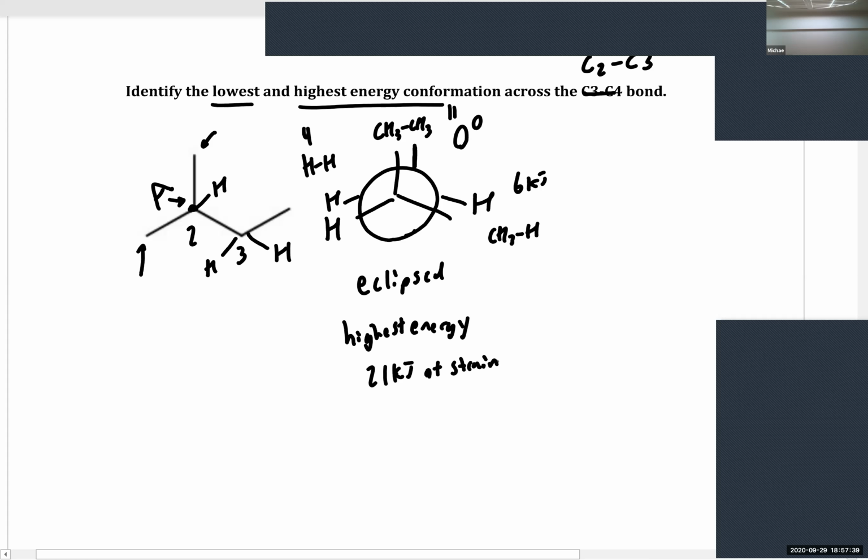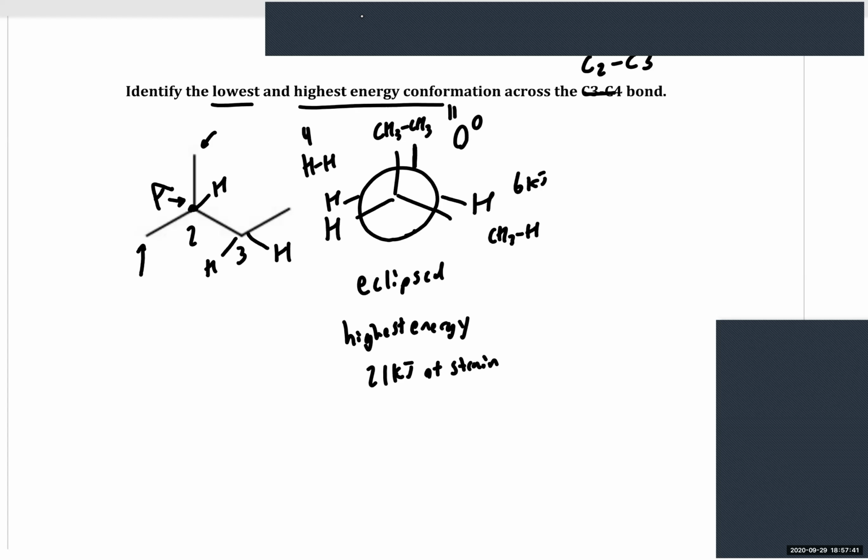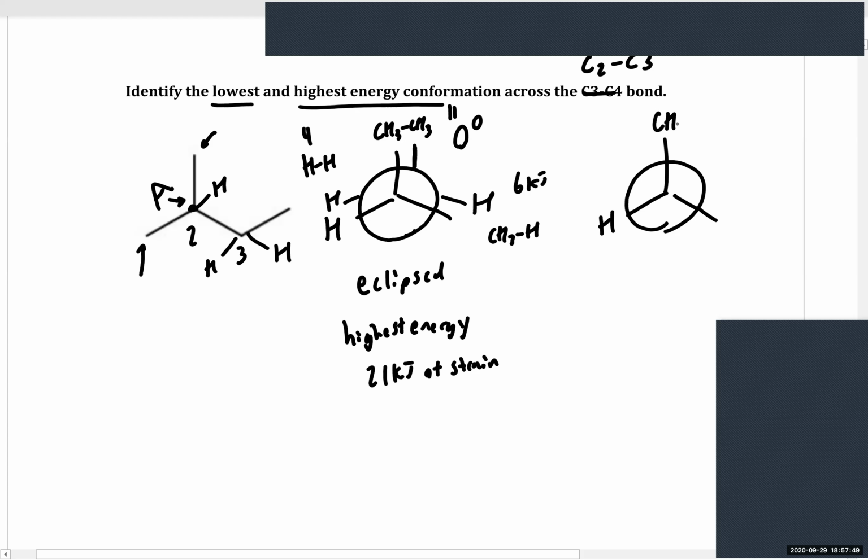Now, if we wanted to generate our lowest energy conformation, we'd separate our bulkiest substituents with a dihedral angle of 180 degrees. So then I'm going to draw my 2 methyl groups completely anti to each other.